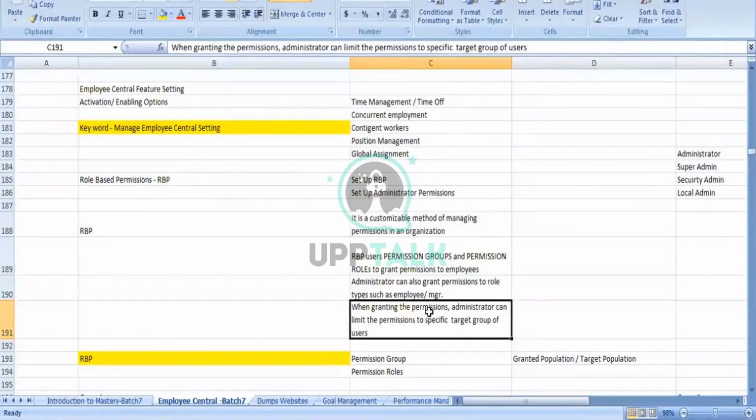I can limit some permissions to the payroll executives who are running the payroll. So who is the set of group of users here? Payroll executives.